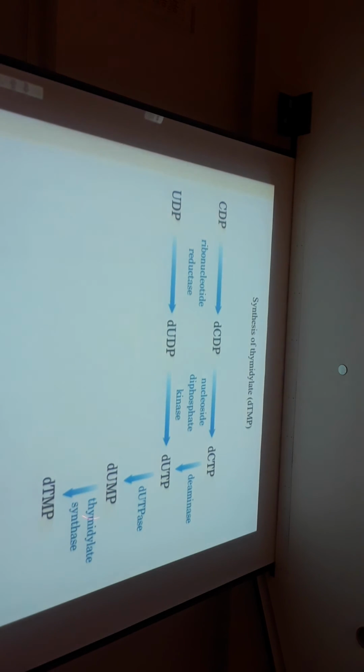But what is noteworthy here on this slide is that dUMP can readily be utilized for the synthesis of the TMPs. Okay, so we haven't really talked about the synthesis of thymidylate / deoxythymidylate. And if you look at the structures of uracil and thymine, do you remember what the difference is? And I mentioned this in different contexts previously.